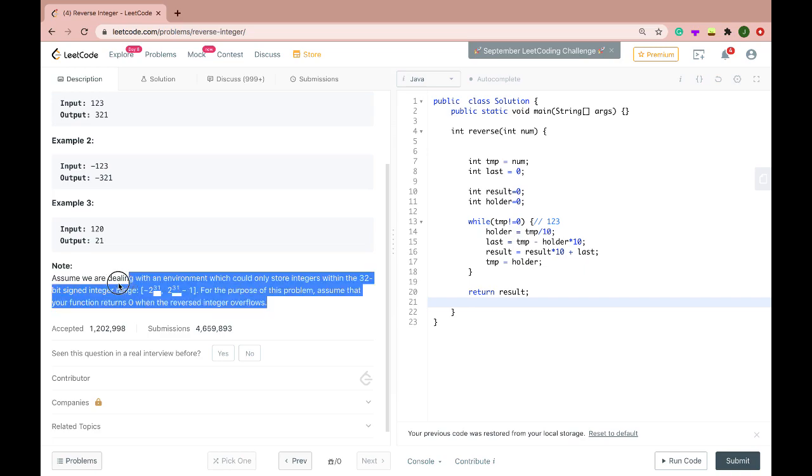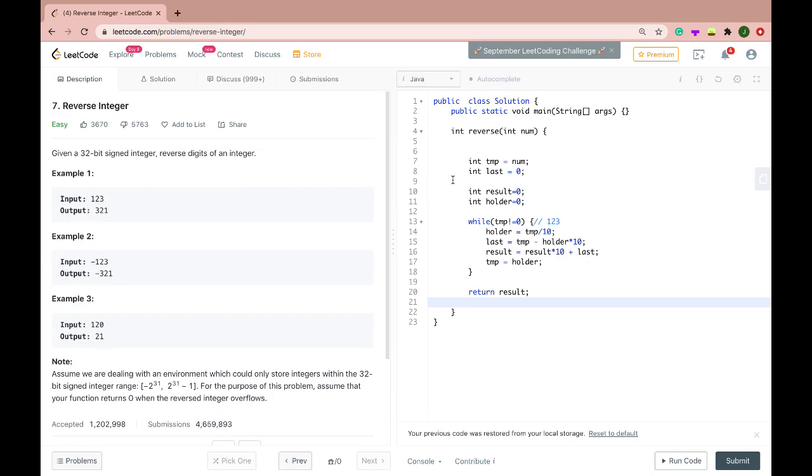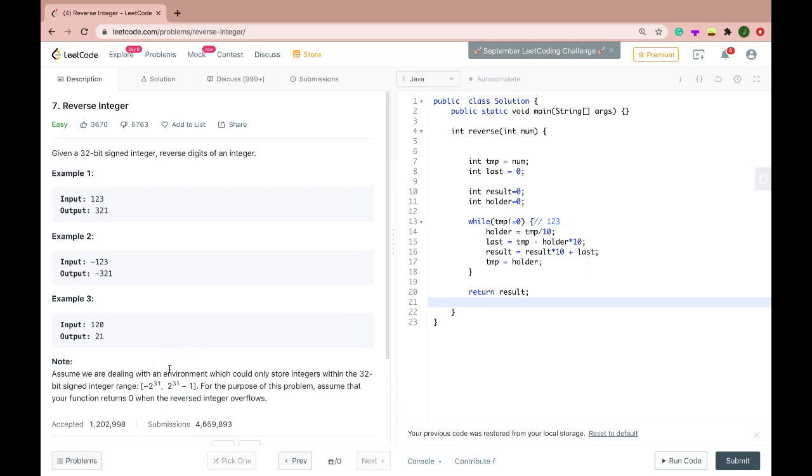But I thought that this part was not as important as the reversing part, so in this video I'm going to show you how I reverse the input without dealing with this part of the question, which means that when I submit it, it would not work out. But I've tried this on Eclipse and it has worked out, so I think that will be enough for this video.